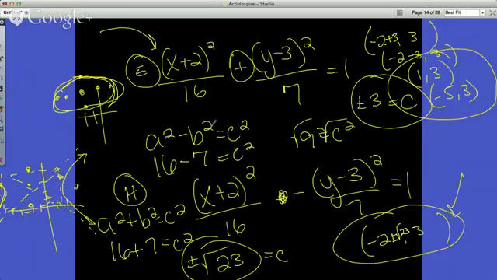Then I zoom out a little bit. That still didn't do anything. Then I go to Zoom Fit.